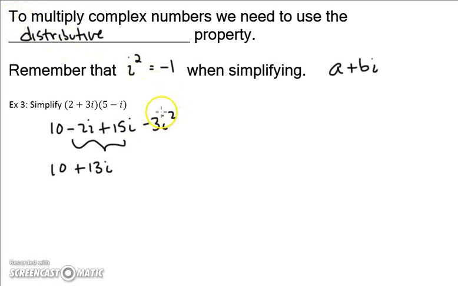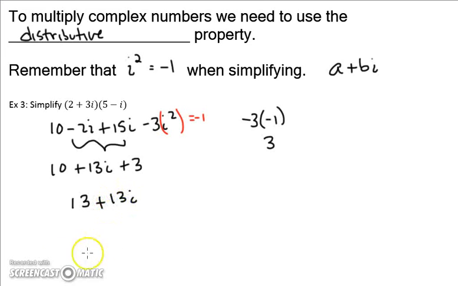We know that i squared is really equal to -1, so this term is actually -3 times -1, which is a positive 3. So we're looking at 13 plus 13i for that problem. We need to simplify our i squareds and combine our like terms with the i's here.